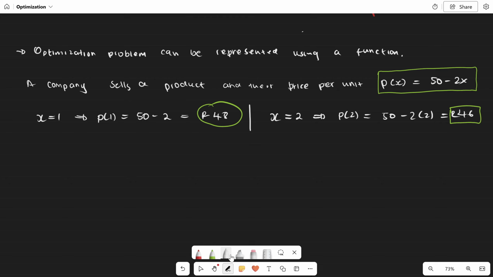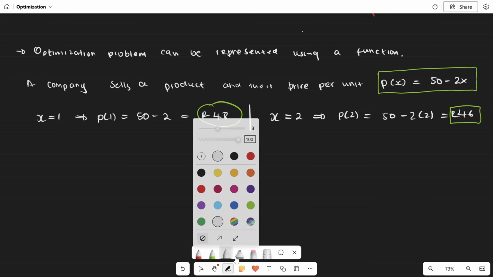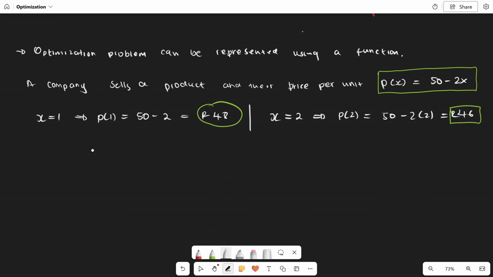So they say this is their cost per unit. After that, we're trying to find the revenue that this company can make. What is revenue? Revenue is the money that you make from selling.